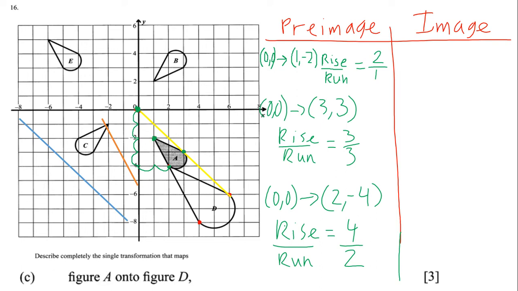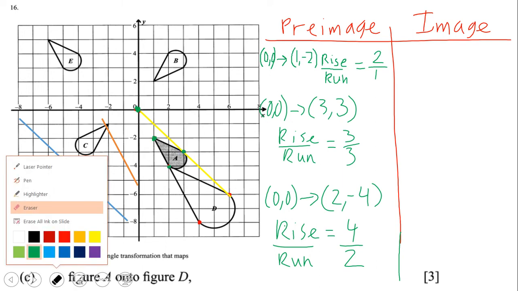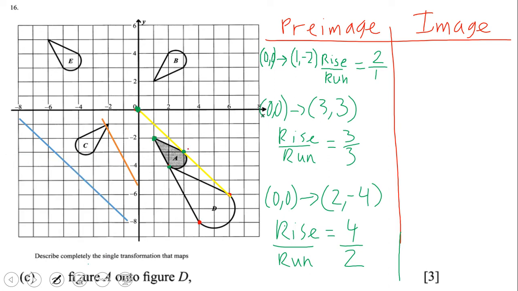Now let's look at the image. If we look at this point, the point that is the image to it is this point, right? So we're going to consider rise over run for that one.